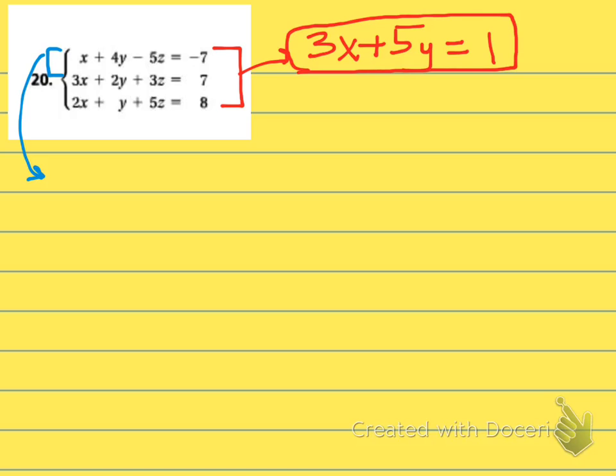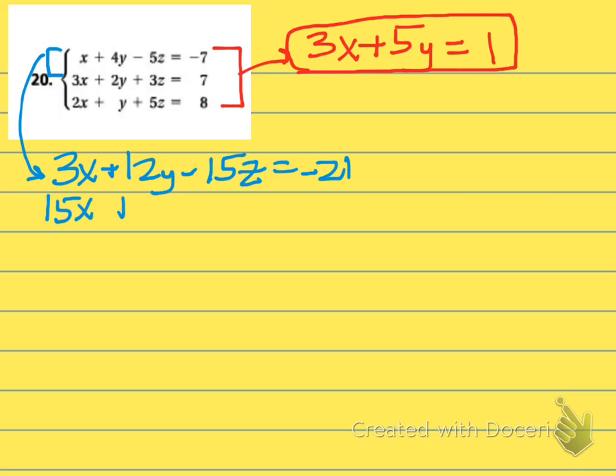Multiplying the top equation by 3, I'm going to end up with 3x plus 12y minus 15z equal to negative 21. Multiplying the second equation by 5, I'm going to end up with 15x plus 10y plus 15z equal to 35.